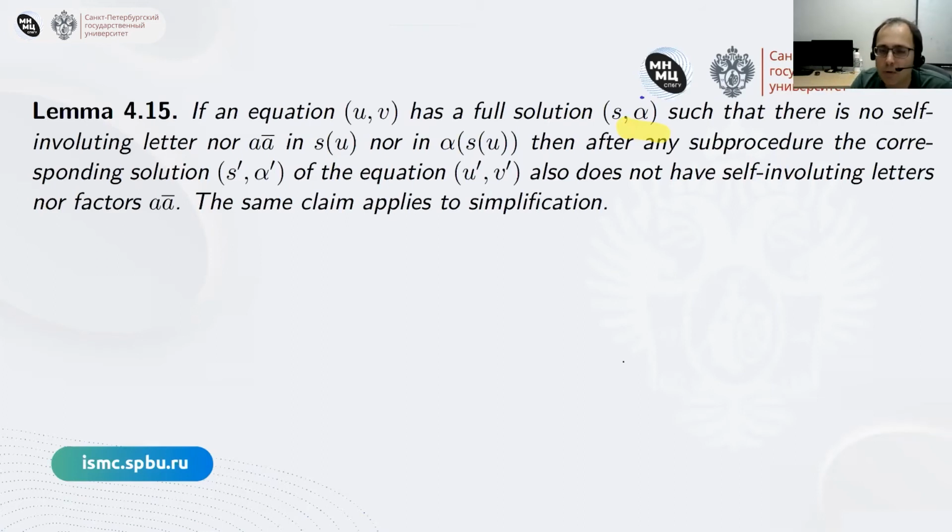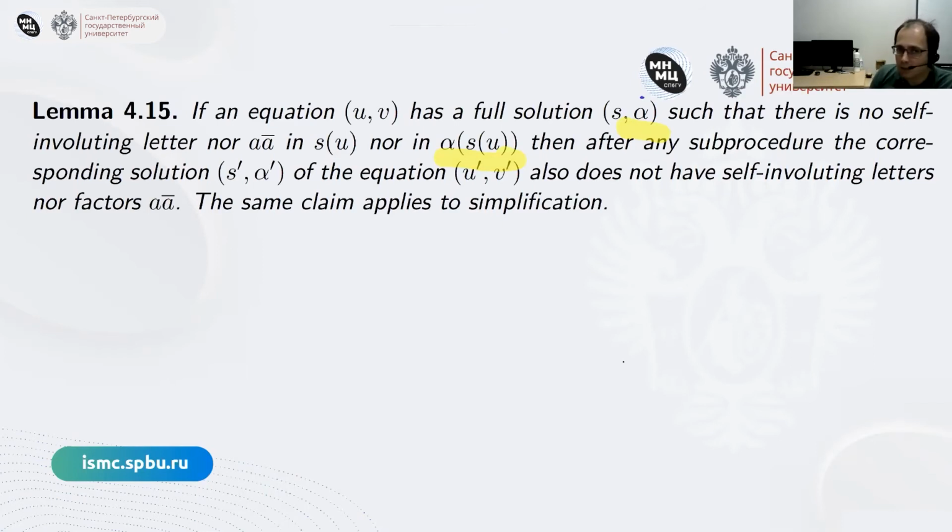So what we want to show, and can be shown, is that if we have a full solution such that there is no self-involuting letter and there is no cancellation somewhere inside the solution word or in alpha on the solution word, then if we make any subprocedure, which could perhaps be popping or compressing of some substrings, then afterwards the same holds.